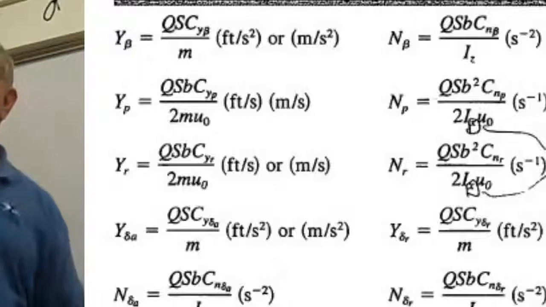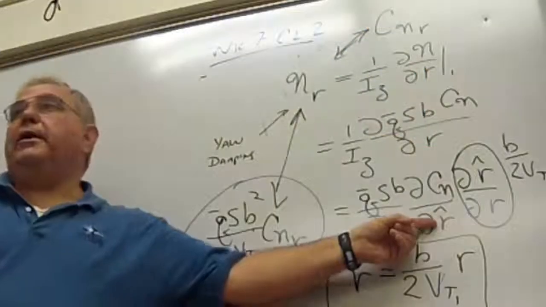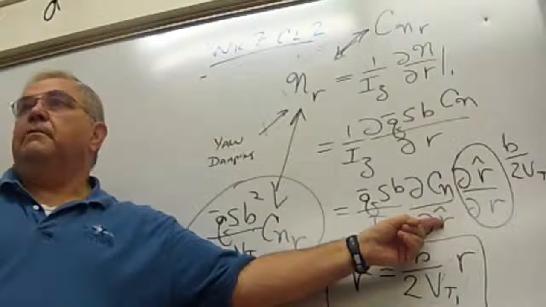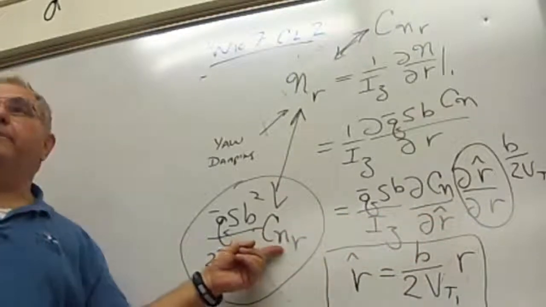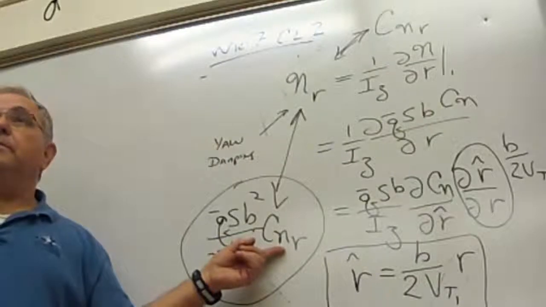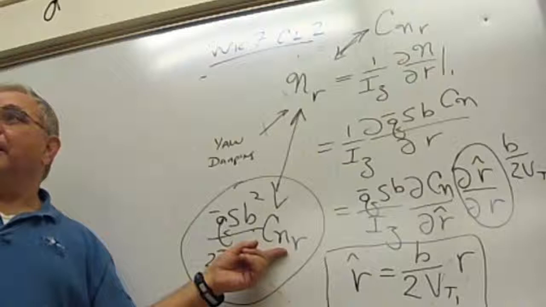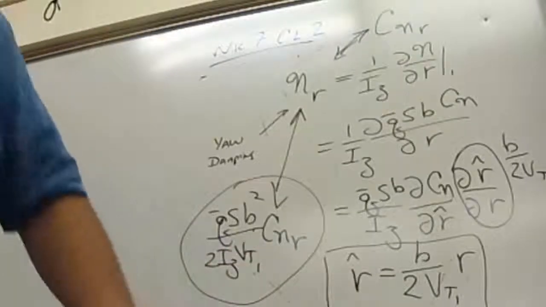What's the secret handshake? I just threw it by you. What was the secret handshake? R hat. So how come I got CNR? That's the secret handshake. It's CNR hat. That's what you have to know. Guess what?